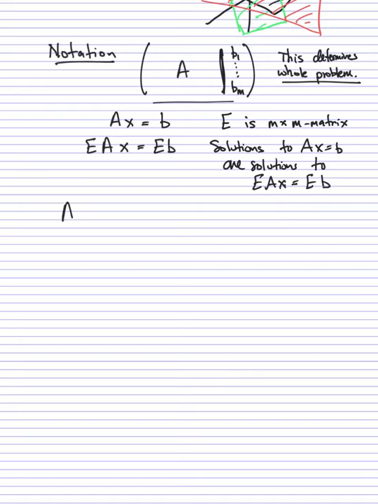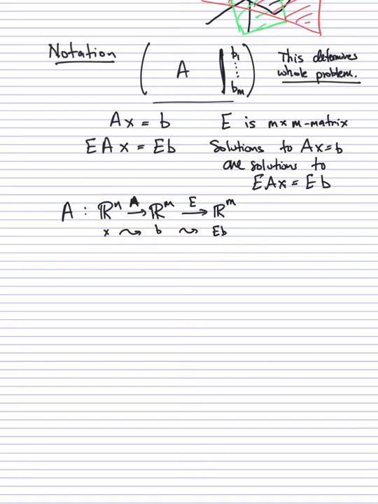So what is actually going on here? Well, we think of A as going from Rn to Rm. Here's A, here's E, going from Rm to itself. Then you can take an element x. If it's a solution, then it goes to b, and then E sends it to Eb.